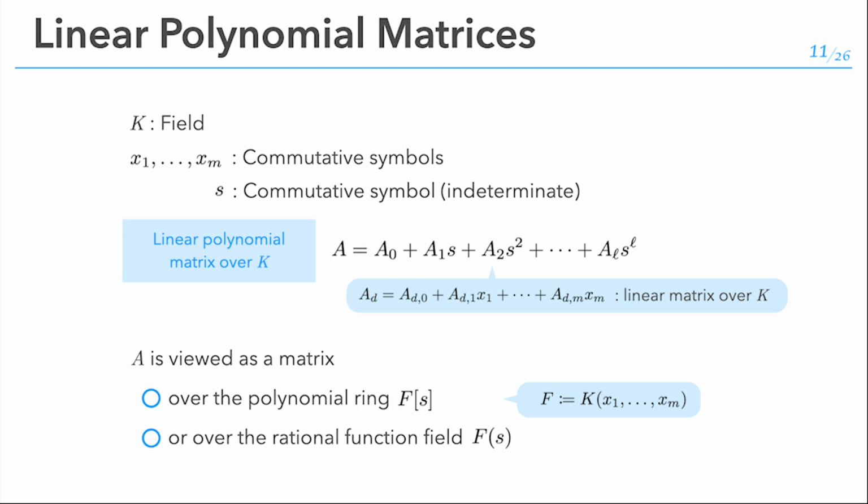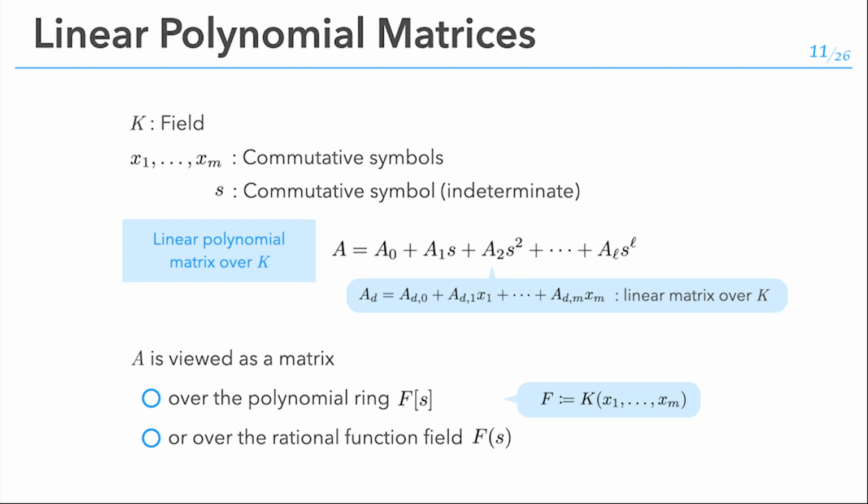A linear polynomial matrix over K is a matrix A, which is written in this form. In this matrix, each entry of this matrix is a polynomial in s, and also each coefficient matrix A0 to AL is a linear matrix over K.